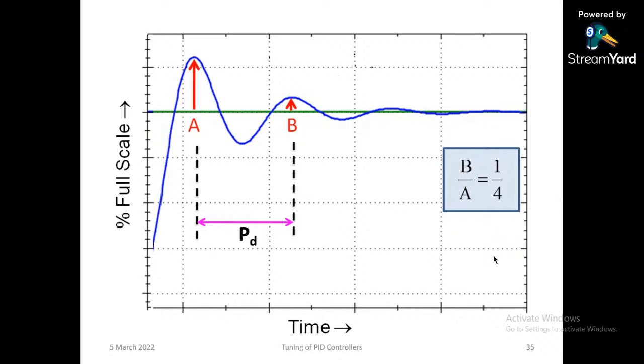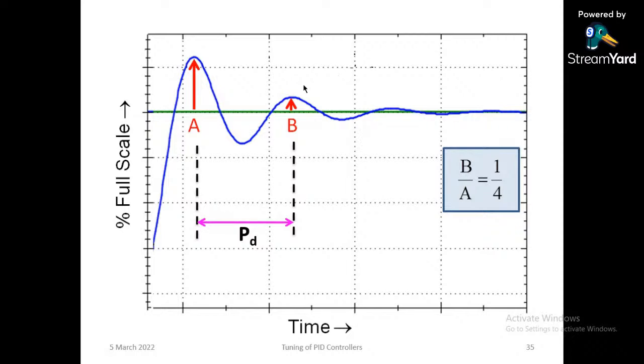बघा, increase the value of KP such that, बघा, first overshoot I am saying is A, right? Second overshoot is B. This is called as the first undershoot. This is second undershoot, right? First overshoot, second overshoot, या दोघांचा रेशो 1/4 यायला पाहिजे. तोपर्यंत केपीची व्हॅल्यू वाढवत चला.